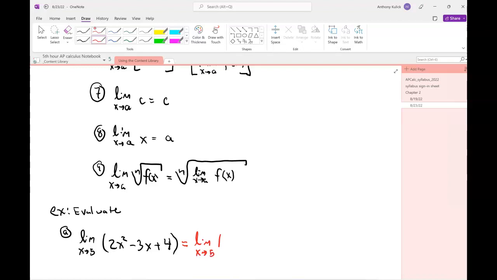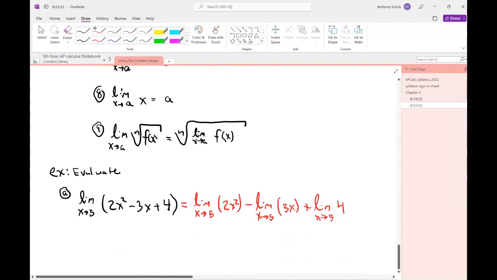The limit as x approaches 5 of 2x squared, minus the limit as x approaches 5 of 3x, plus the limit as x approaches 5 of 4. Everybody's okay with that? Yep.